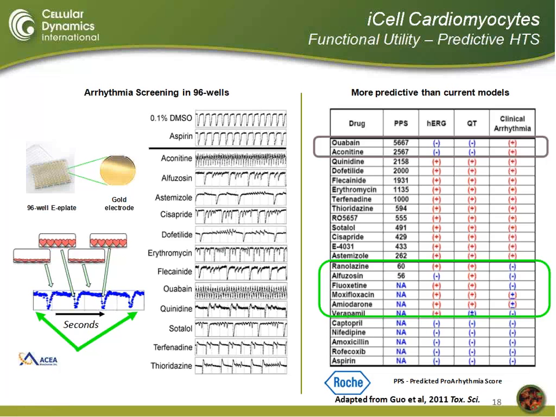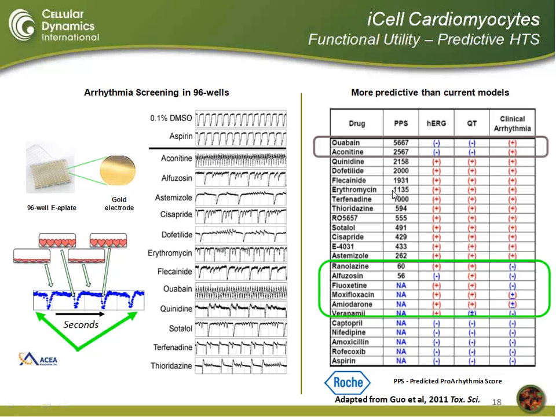And they compared this to their data in vitro from hERG tests, QT tests, and then animal arrhythmias, or in vivo arrhythmias. And the key things to point out here is the compounds that came up as negative in vitro were positive in the iCell cardiomyocytes and positive in the in vivo tests as well.